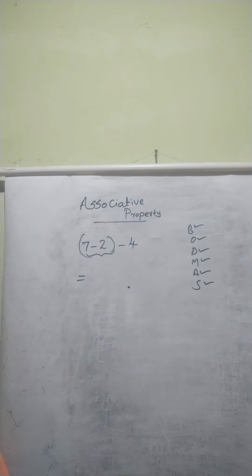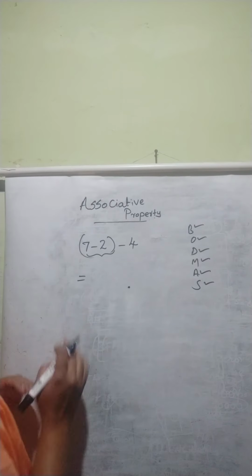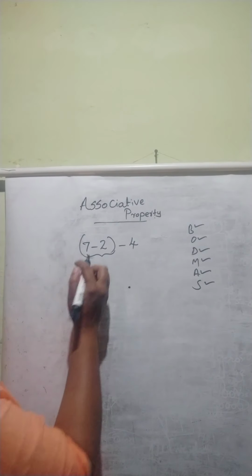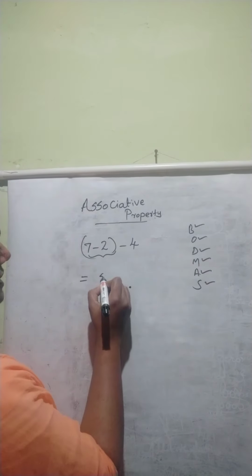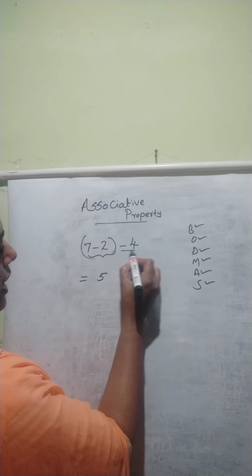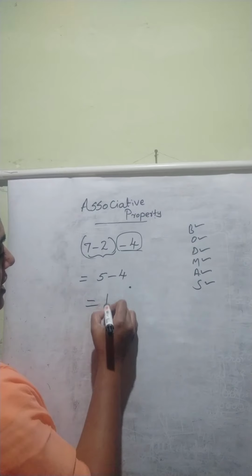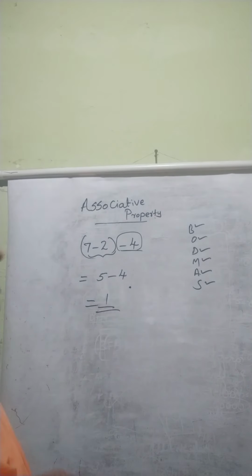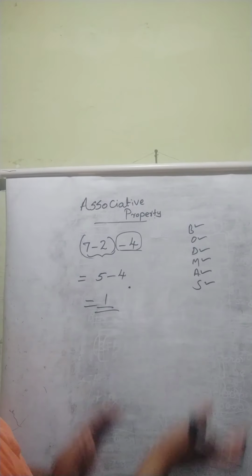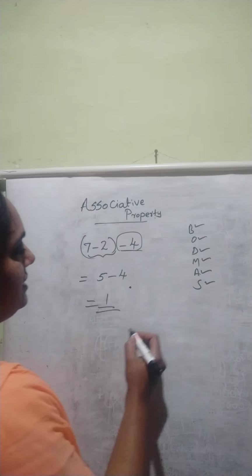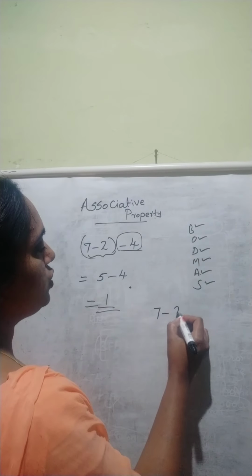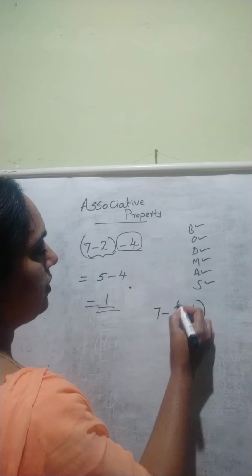Last will be subtraction. Now only subtraction is going on here. So 7 minus 2 is 5. Then outside this bracket, minus 4 is there. The answer is positive 1.